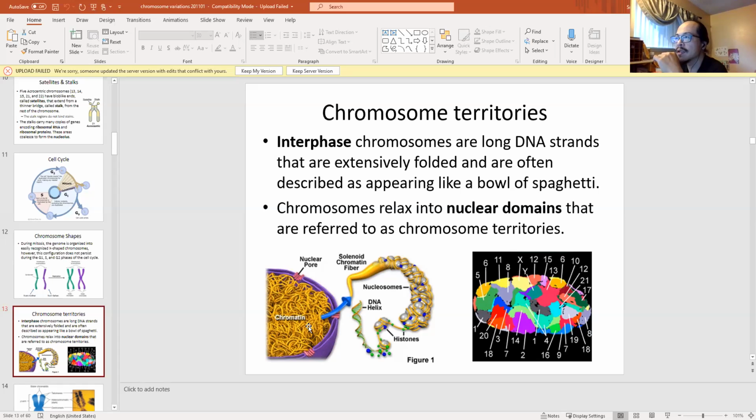So this is basically still very tightly condensed chromosome or DNA, and this is the chromatin fiber. That's right here, the chromatin fibers before they got further condensed.